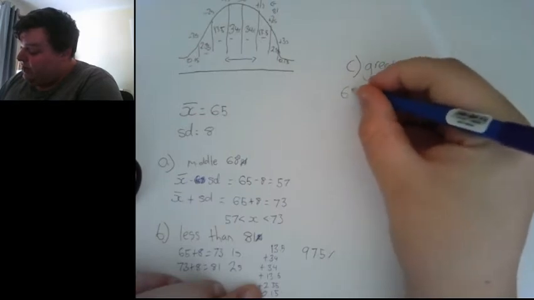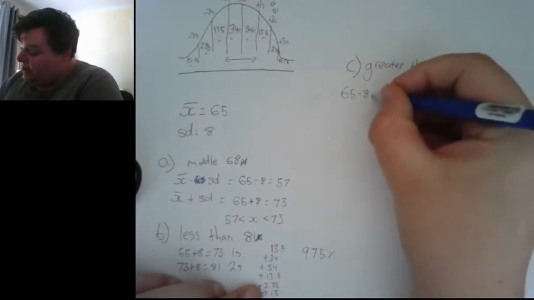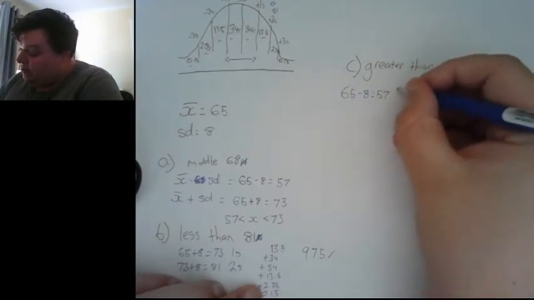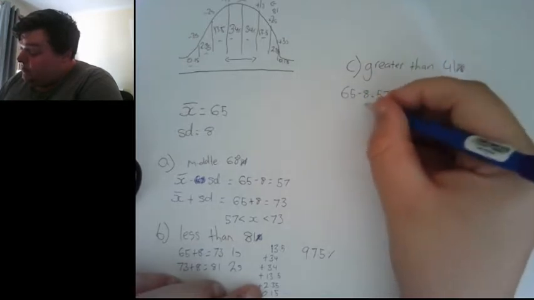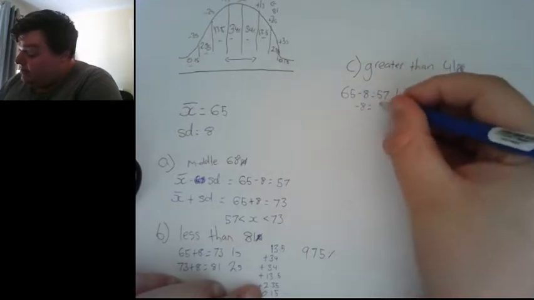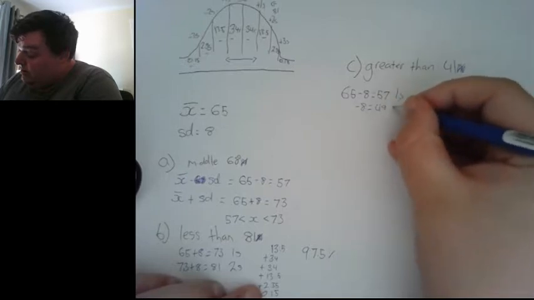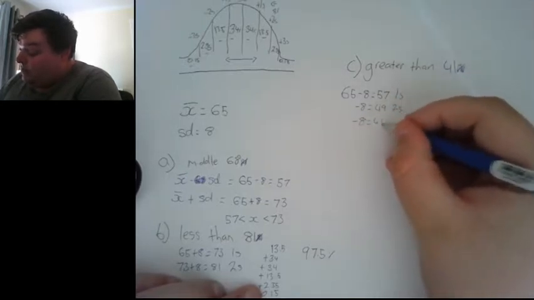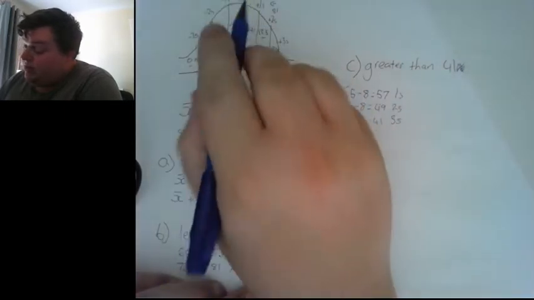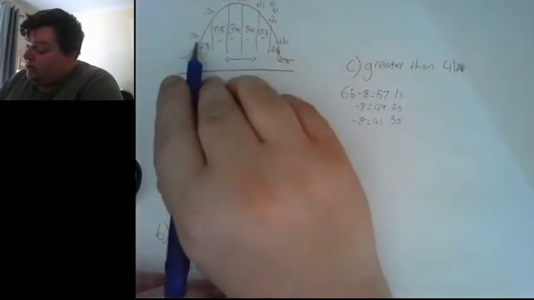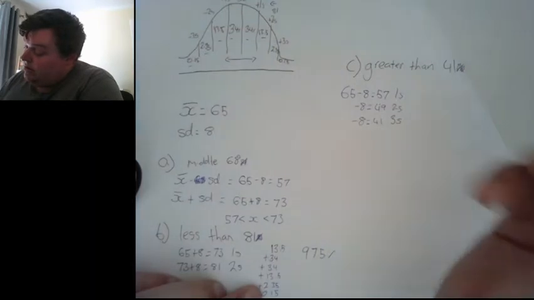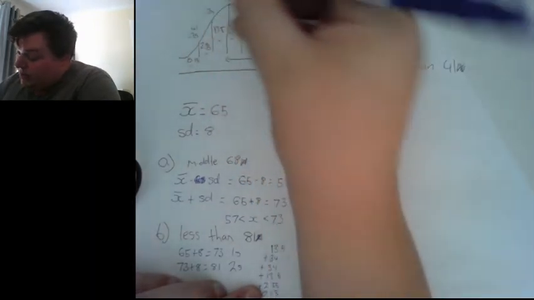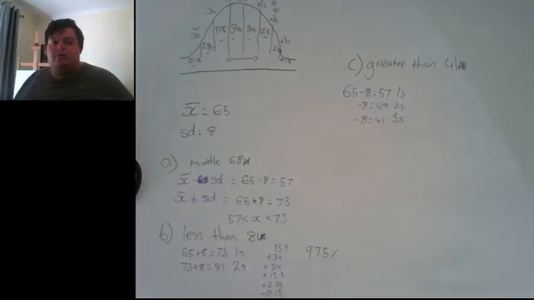We've got 65 minus 8 is 57, that's 1. Minus 8 again is 49, that's 2. Minus 8 again is 41, that's 3 standard deviations. So I'm going back 1, 2, 3. Alright, so this is 41 here, and I want to know the percentage that's greater than that.